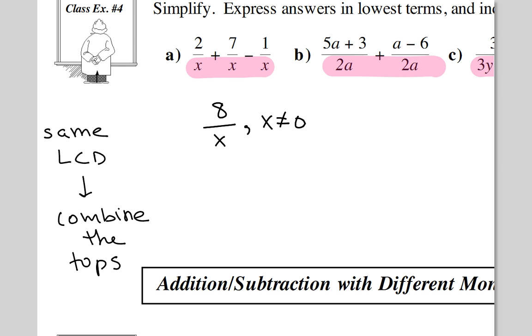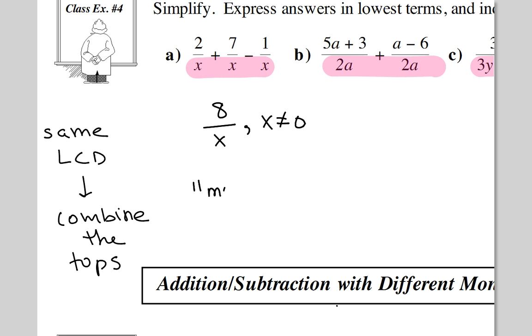Why is x not allowed to be 0? What if x was 0? 8 divided by 0. Type 8 divided by 0 in your calculator. What does it say? Math error. Okay, it's undefined, right? So when x is 0, this is undefined, so x is not allowed to be 0.